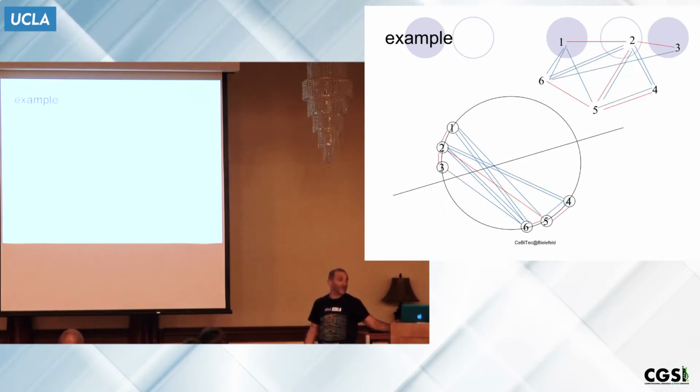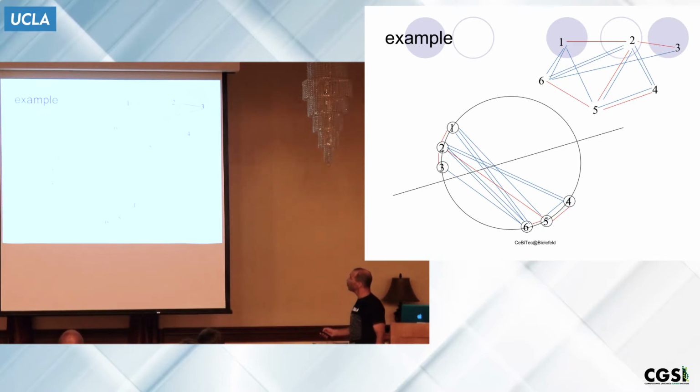So let's look again at our classical example. Here 1 and 2 we try to locate next to each other, because we want to minimize the length of this red edge. And we want to maximize the length of the blue edges. This is exactly the incentive behind the expression that I just showed you.